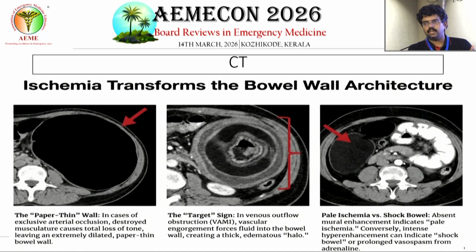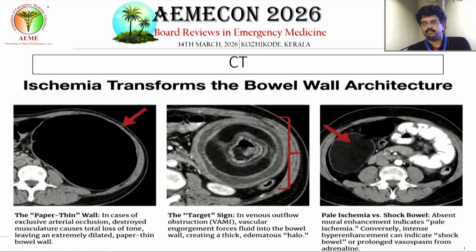The next one is target sign. Sometimes, as a DD of intussusception, it is seen in the venous type, where the white followed by this isodense area is due to edema, which is occurring from the vascular leak.